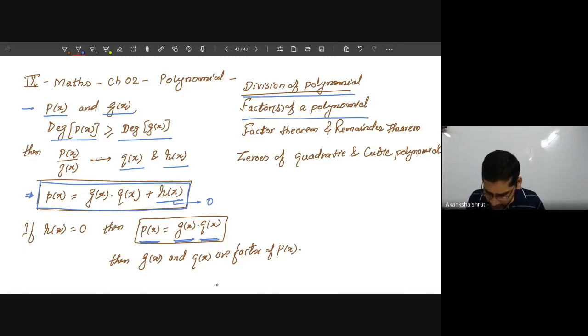Okay, so these two smaller polynomials gx and qx are called the factors of polynomial px. So sometimes a bigger polynomial will be given to you, another smaller polynomial will be given to you, and you have to tell whether the smaller polynomial is a factor of the bigger polynomial or not.